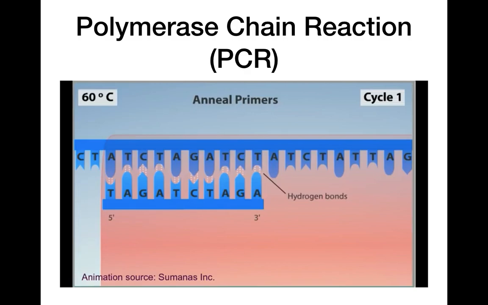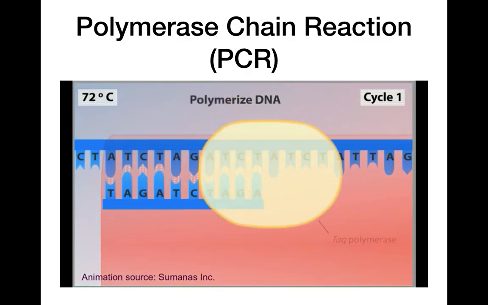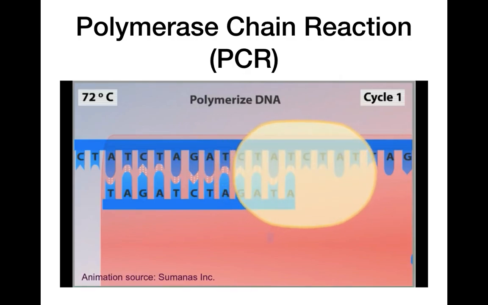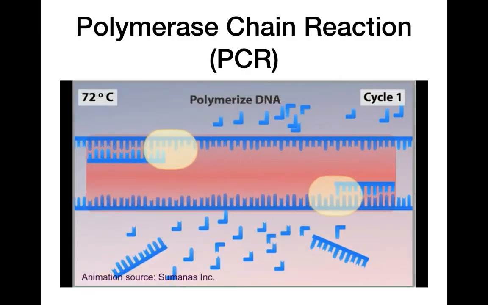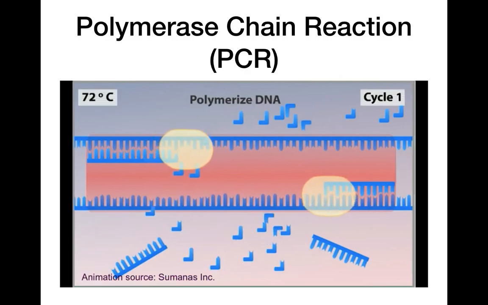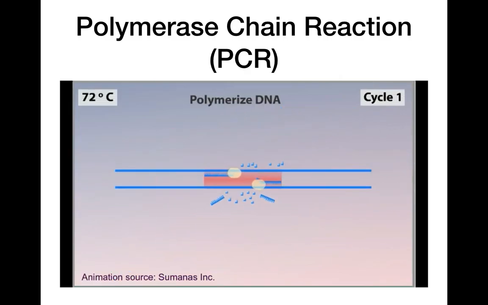In the next phase, the temperature is raised to 72 degrees Celsius. Taq polymerase functions optimally at this temperature and begins to polymerize, adding nucleotides to the 3' ends of each primer attached to the DNA strand. After one complete cycle, there are two double-stranded copies of the target DNA formed.